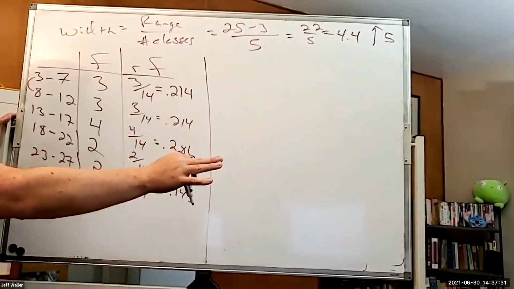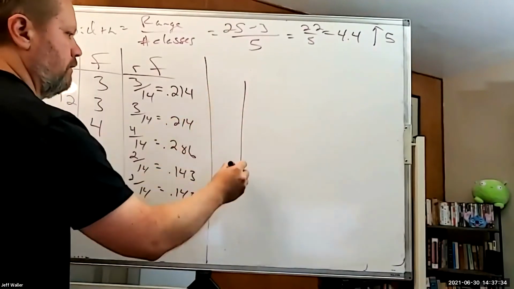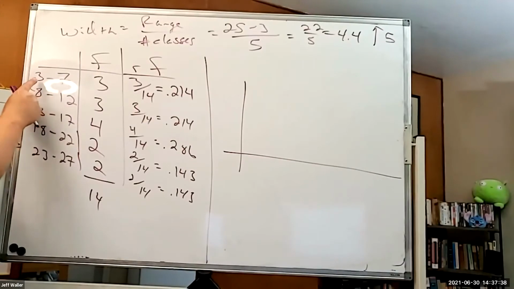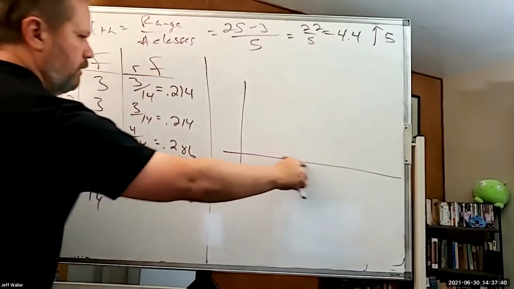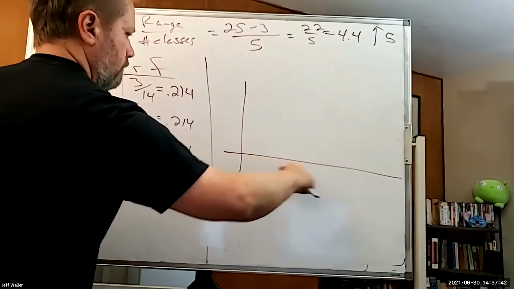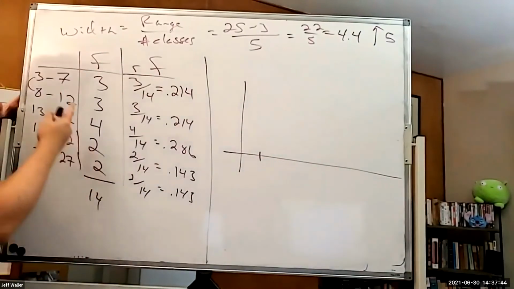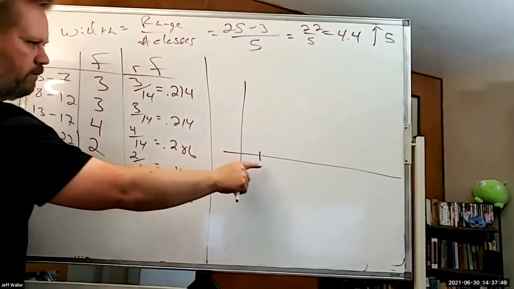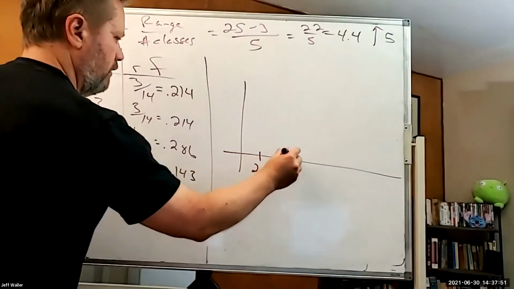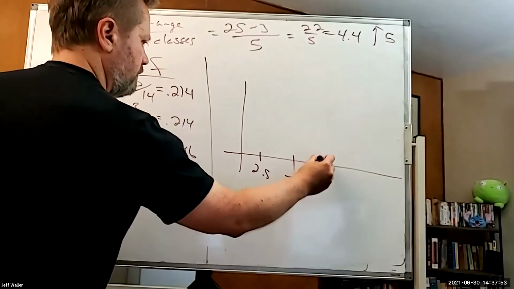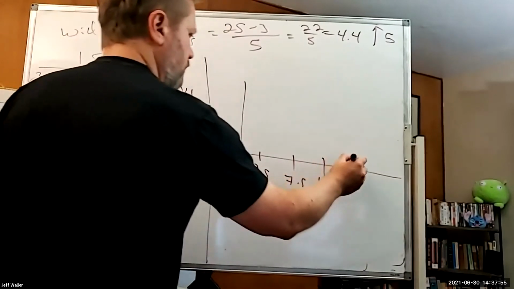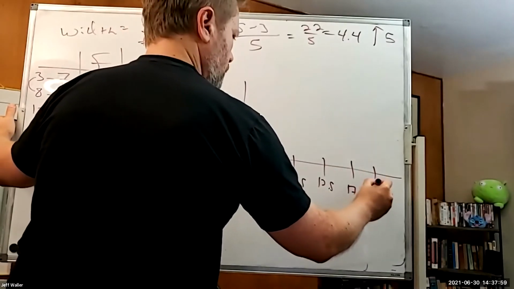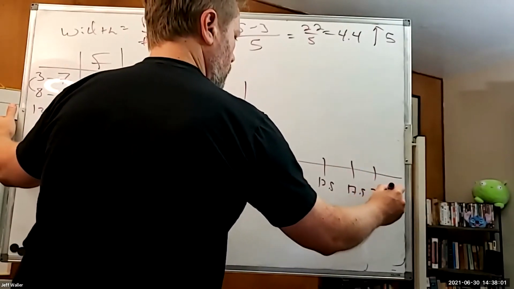Now I can make my histogram. So the way I've chosen to do this, what do I have to put here? Because of how I chose to do this, 2.5 to 7.5. Yeah, put 2.5, and then I just keep going up by 5, because that's the width. And I think I didn't give myself enough room. Damn you, Jeff. You can't put 3, 8, 13, 18?